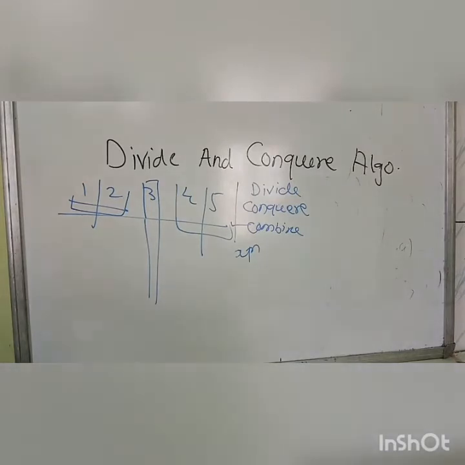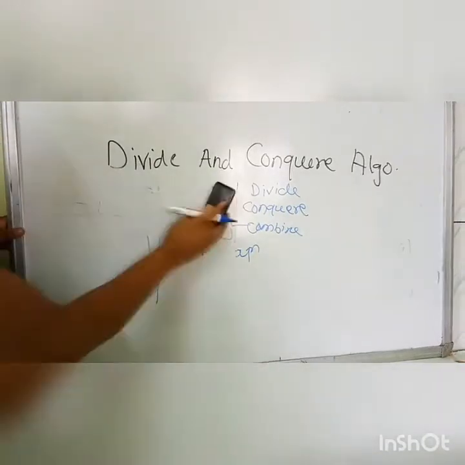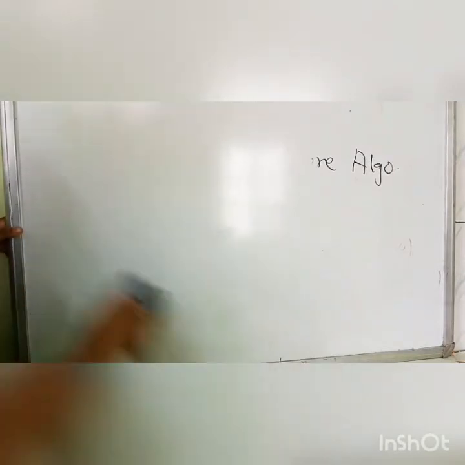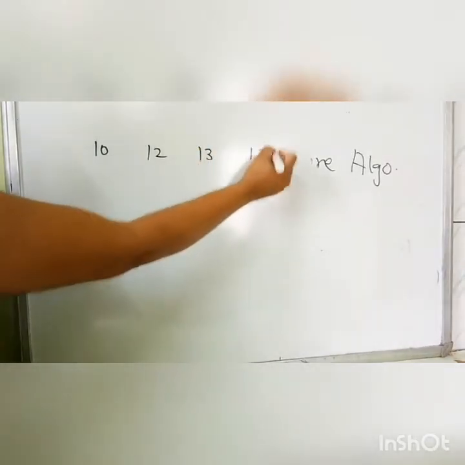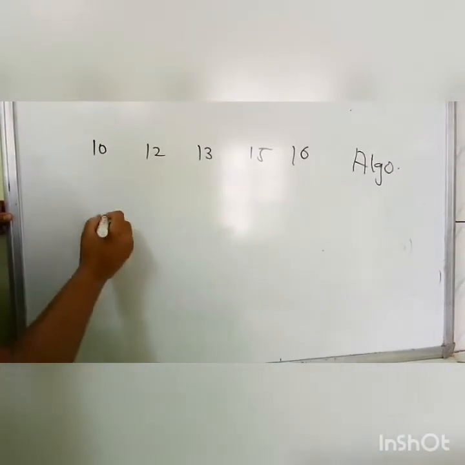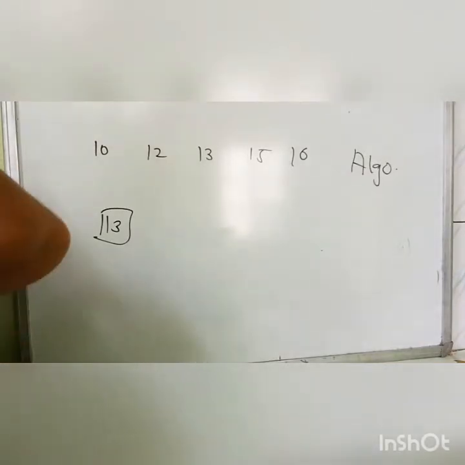We can explain it with an example. For example, we have the data elements 10, 12, 13, 15, 16. If we have to search the element 30, then the binary search algorithm first divides on the middlemost element.